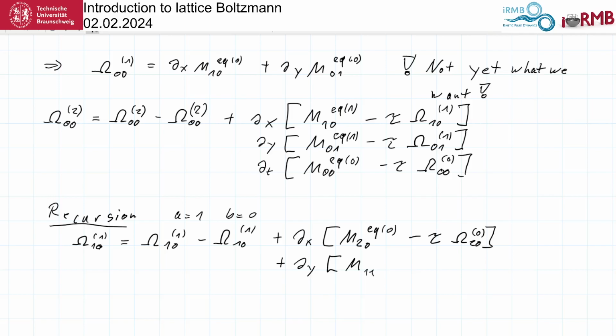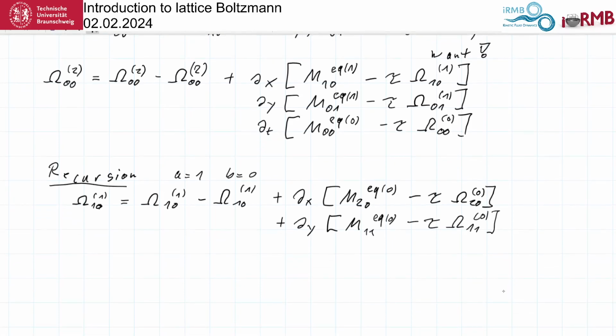Yeah, so we count up the second index with the y derivative. Okay, so this to 0 order minus tau omega 1, 1 to 0 order. And there's no time derivative here because the time derivative would go second order again, right?